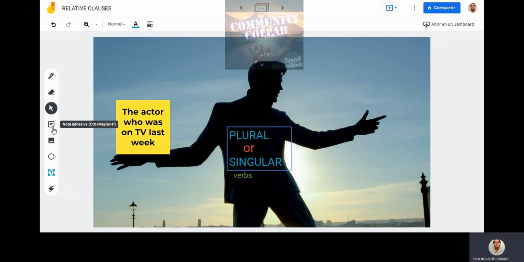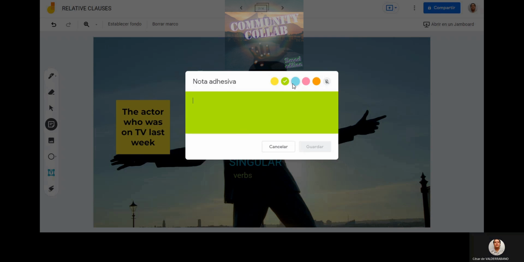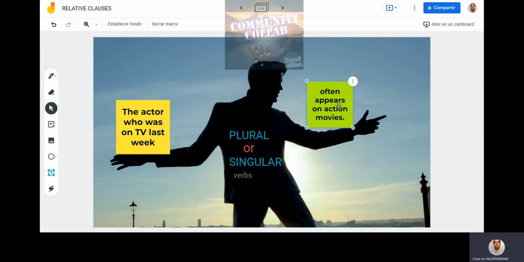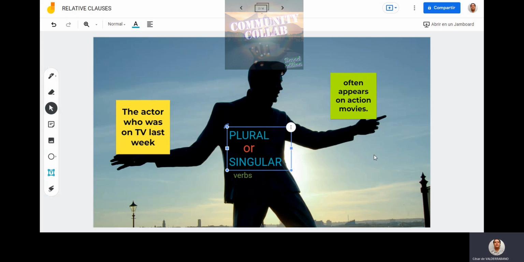Let's put another one. The actor who was on TV last week appears on action movies. Okay, let's put it here. Often appears on action movies. So, well, this is now a perfect example of the use of singular or plural form.